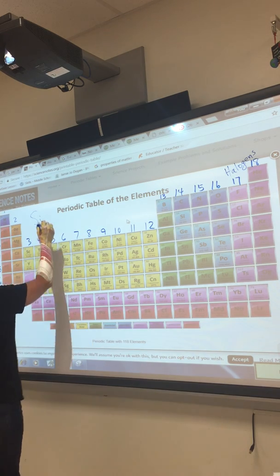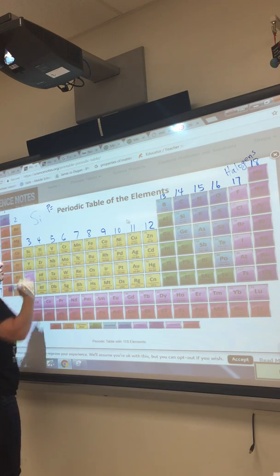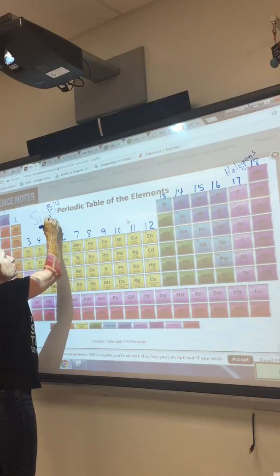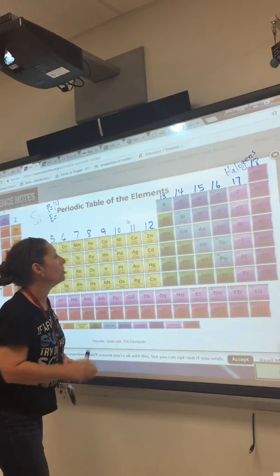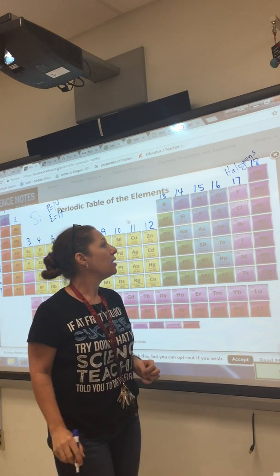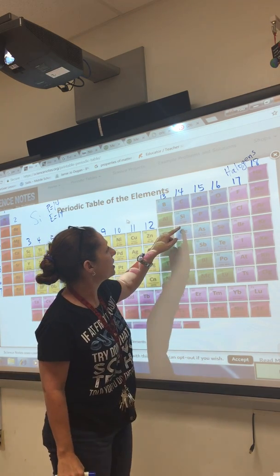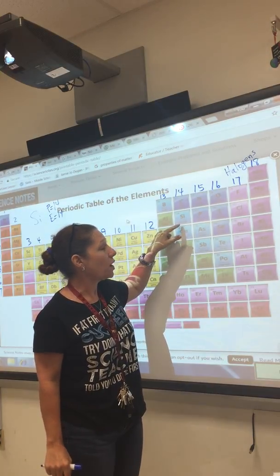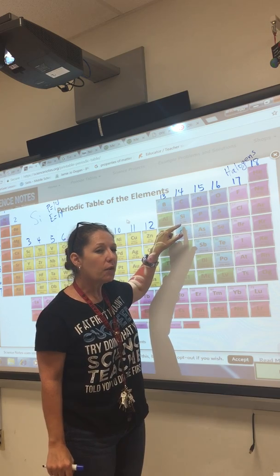So that means we have how many protons? 14. How many electrons if it is neutral? 14. How many neutrons in silicon? Here it says 28. So we're going to take the atomic mass, which says 28, and what are we going to do?